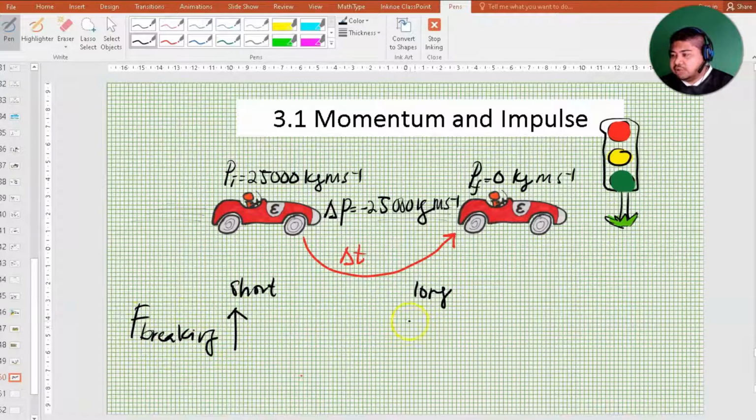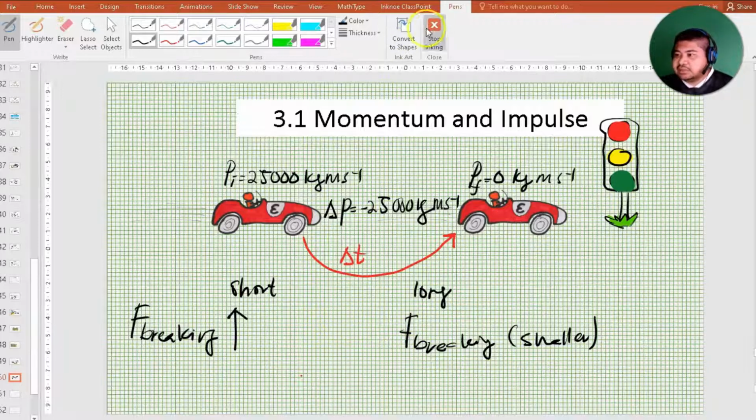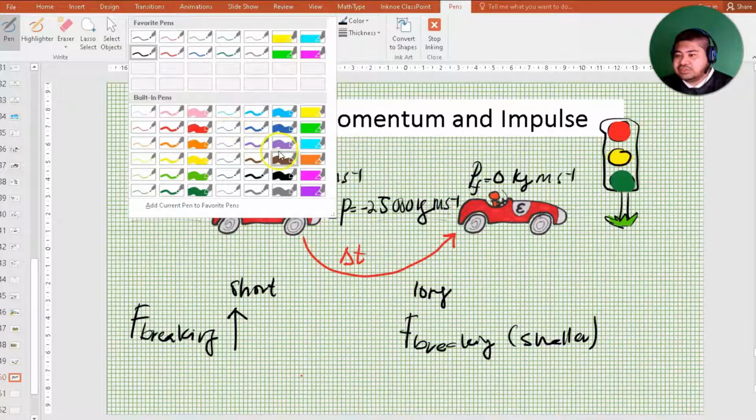If the car takes longer, the braking force will be smaller. So the factor that determines whether the braking force is huge or small is the time for the change to happen.